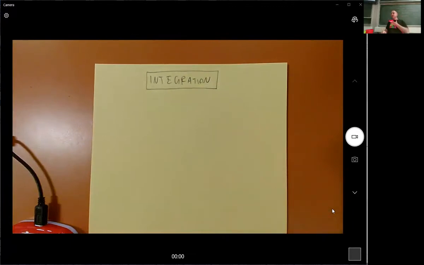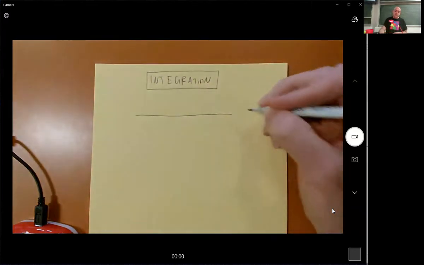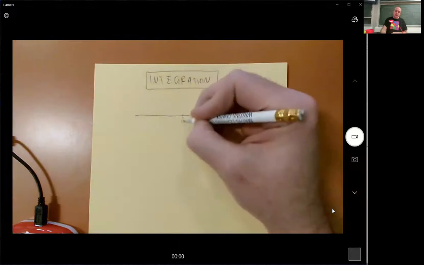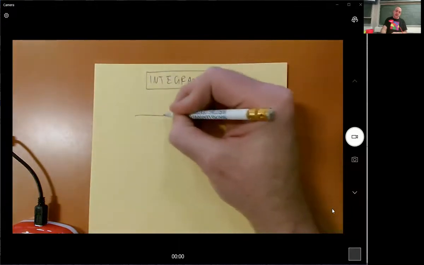All right. So the first thing I want to say is that integration is designed to accumulate quantities across space or time. So the idea is that there may be a line, and then traditionally you would have a position on the line located by numbers.